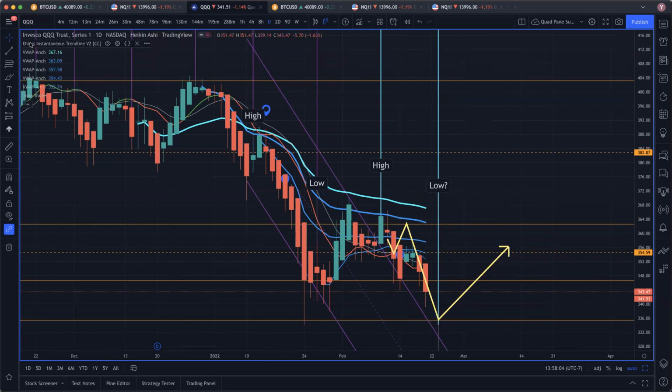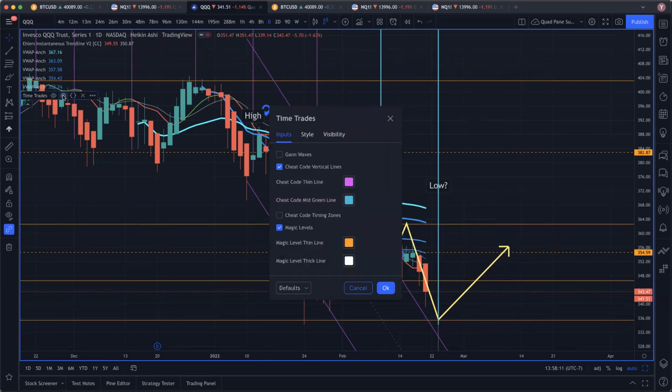If you're curious how I'm displaying these, I'm using the Time Trades script, and this is part of the Time Trades service. The script provides the cheat code vertical lines, the purple and the green lines, as well as the magic levels, which are the orange and the white horizontal price lines.